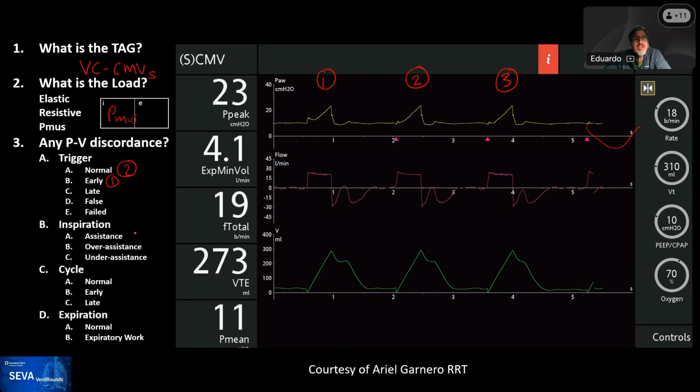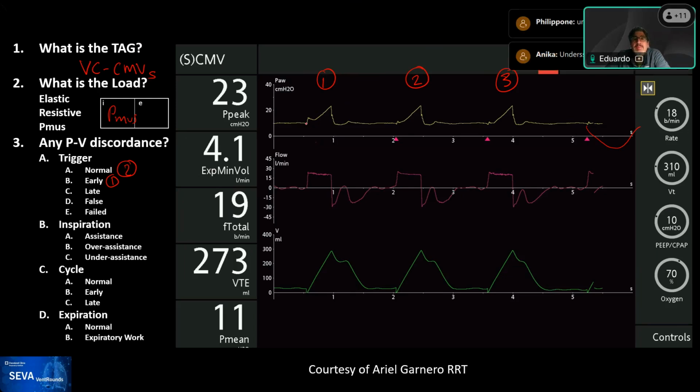So during inspiration, is this assistance over assistance or under assistance? This is a tricky one.